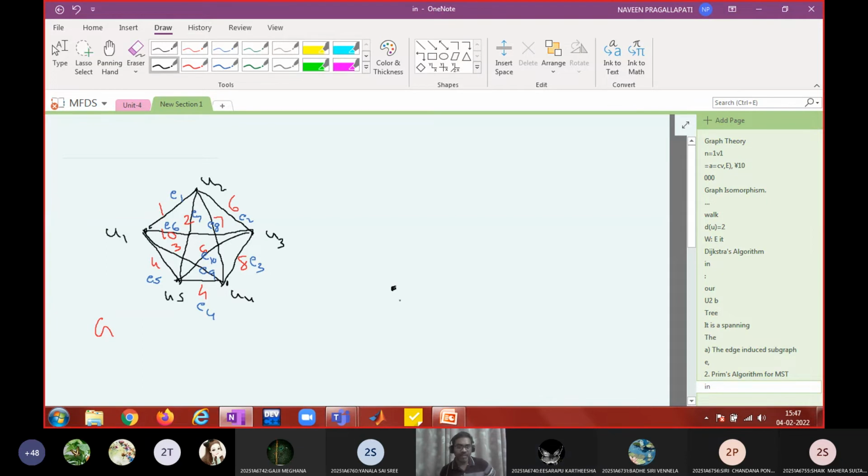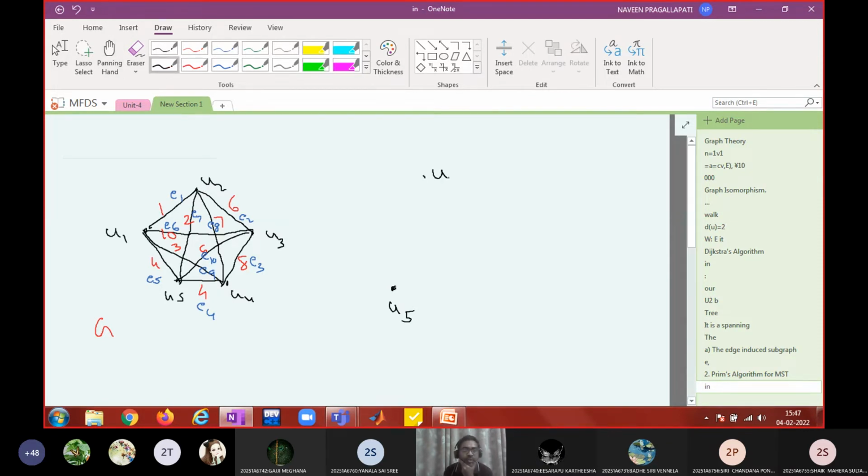So this is U5. Now how many edges are incident with U5? E5, E7, E10 and E4. Among these 4 edges, which edge has minimum weight? E7, sir. So you select this edge.